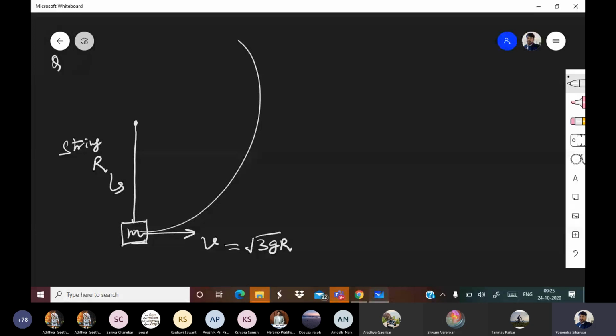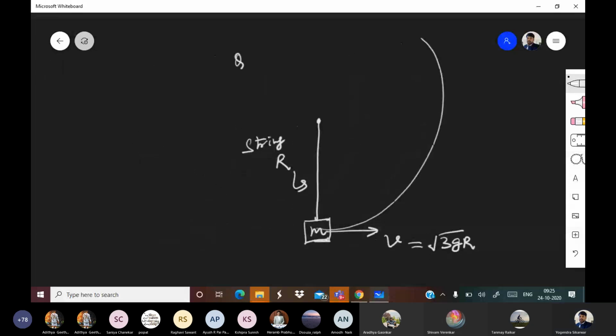Okay. So let me give you what exactly is the question. An object hanging from a string of length r is given velocity v is equal to root 3gr at the bottom.